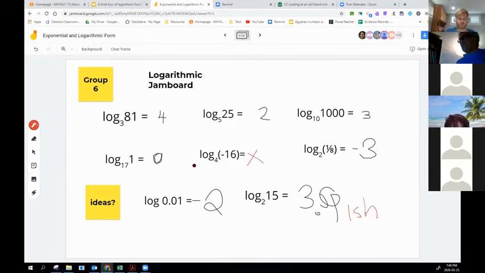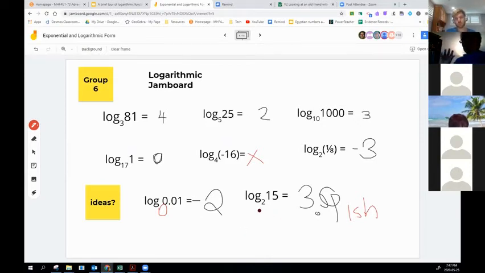So a few key ideas here. Logarithm of 1 for any base is 0. A logarithm of a negative number does not exist. And a logarithm of a fraction would end up being a negative value for the reasons Suzanne explained. When we do not have an explicit base, we know it defaults to 10.